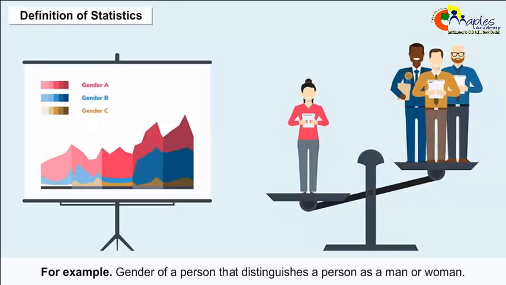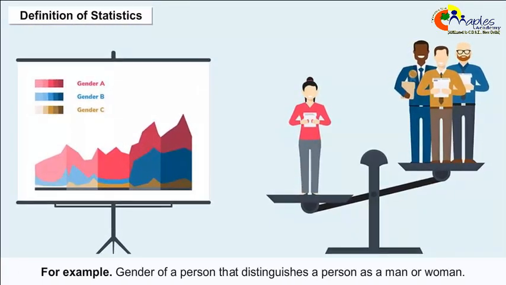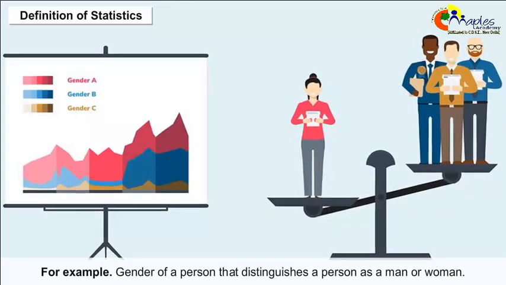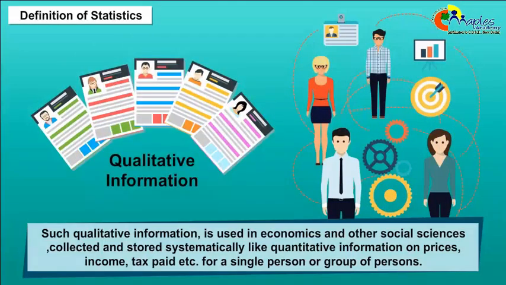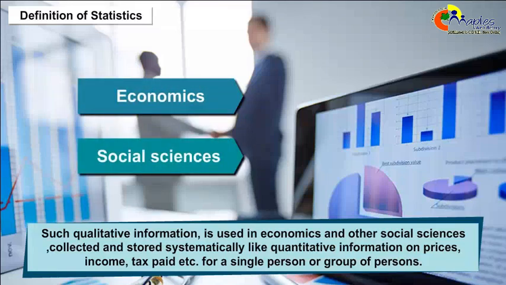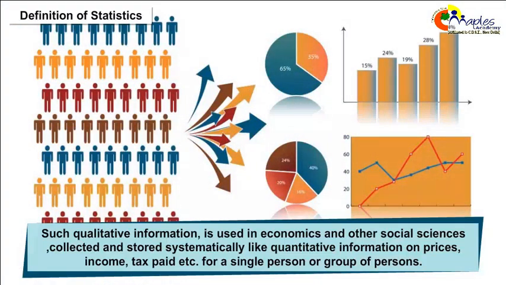For example, gender of a person that distinguishes a person as a man or woman. Such qualitative information is used in economics and other social sciences, collected and stored systematically like quantitative information on prices, income, tax paid, etc. for a single person or group of persons.